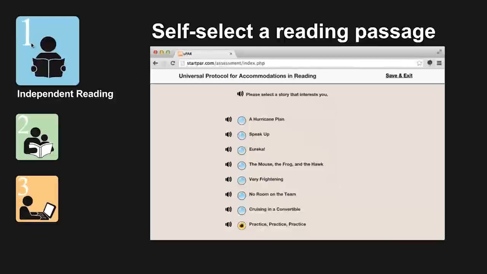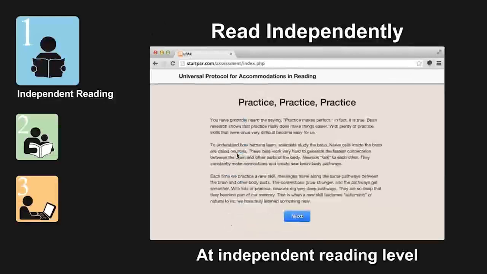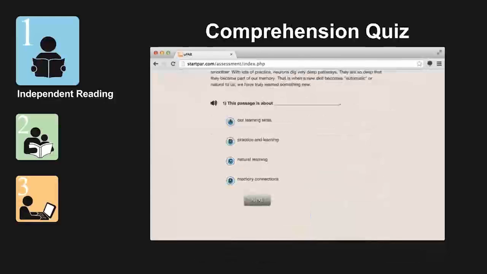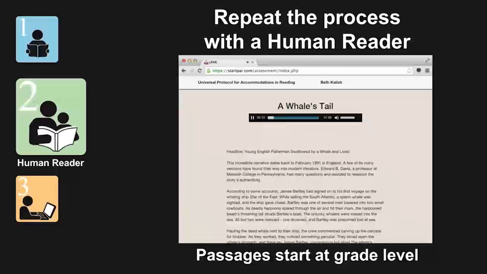So in the situation of a student who's independently reading at 5th grade level but is an 8th grader, when we start at the independent reading level, this would be a 5th grade reading passage. The student chooses a passage, sees the passage and reads it independently, and then takes a comprehension quiz. This comprehension quiz consists of questions that are main idea, factual, inferential, and vocabulary.